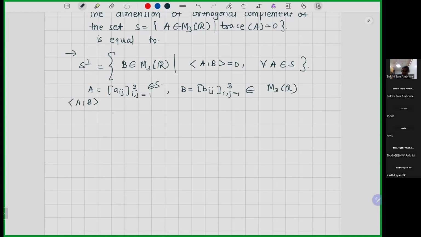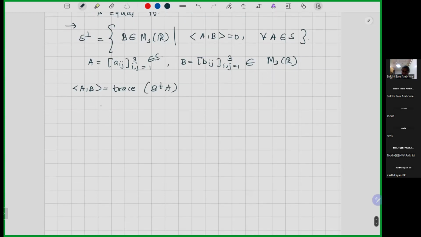So let us see how this looks like. This A comma B is trace of B transpose A. So forget about trace, let us see how this element B transpose A looks like. So it is B11, B12, B13, B21, B22, B23, B31, B32, B33.